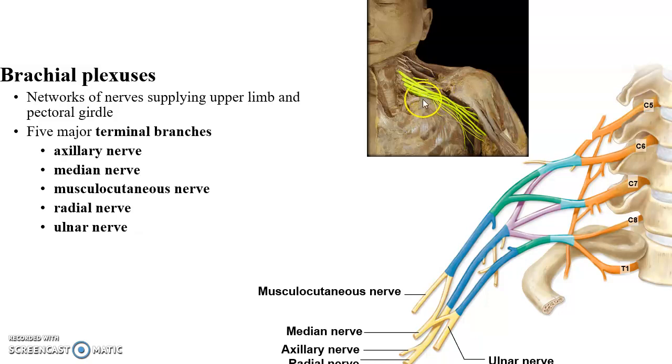Then we have the brachial plexus in the more inferior part of the neck, heading toward the shoulder. Brachial plexus is supplying nerves for the pectoral girdle and the upper limb. There are 5 major terminal branches that you need to know: axillary nerve, median nerve, musculocutaneous nerve, radial nerve, and ulnar nerve.